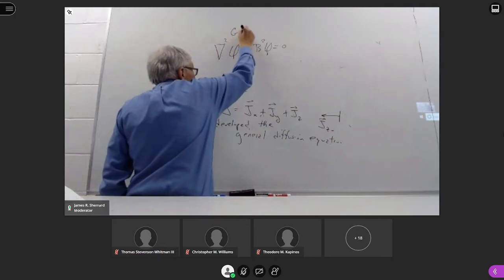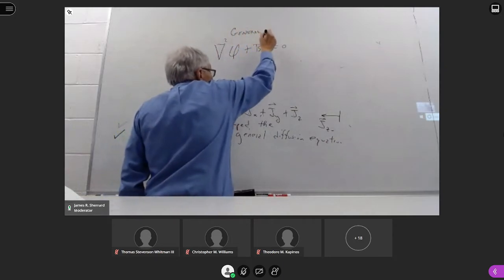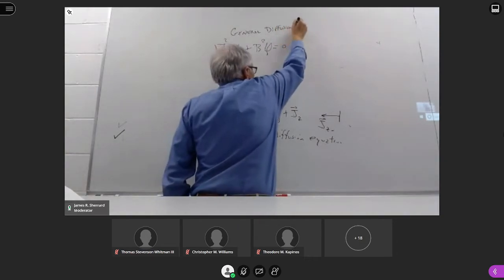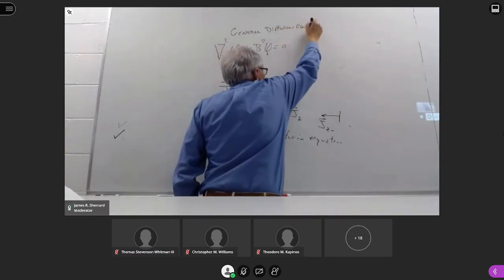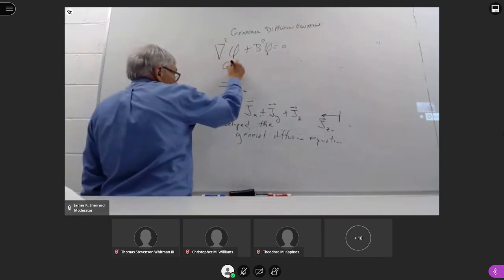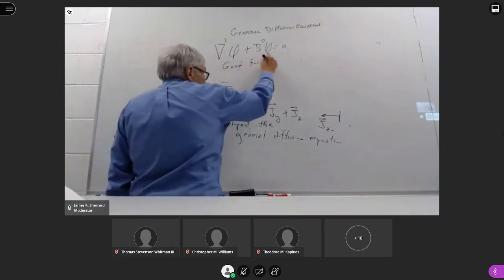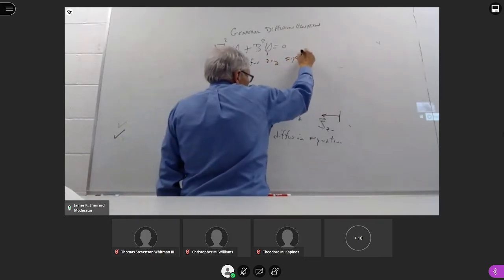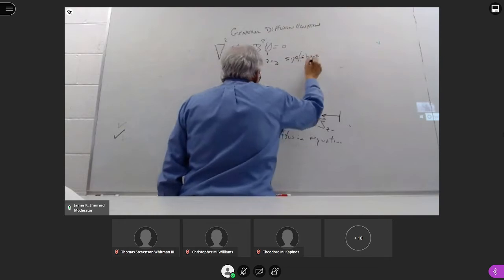This is the general diffusion equation. This is good for any size, shape reactor.